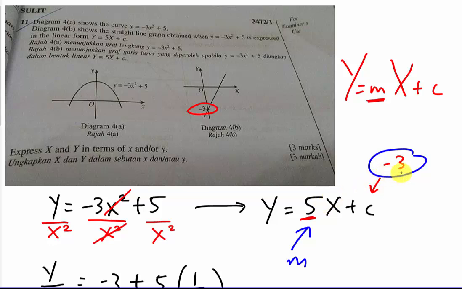I will start from -3, because -3 gives me a very important piece of information: if I can make the -3 become the constant value, I can easily get the whole equation. So this is the basic idea about how to solve this linear law question. I hope you can learn something in this video. Thanks for watching.